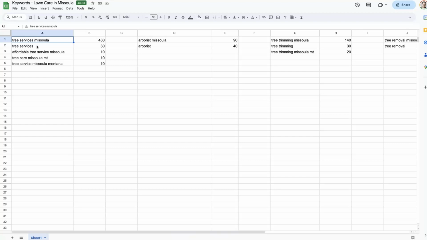They look like they're exactly what I'm looking for. Whereas, if someone were to type in a term like tree removal and then they see a page that talks about tree services, but it doesn't mention tree removal, the ad doesn't mention tree removal, it's probably not going to convert nearly as well, which means you're basically just wasting money.